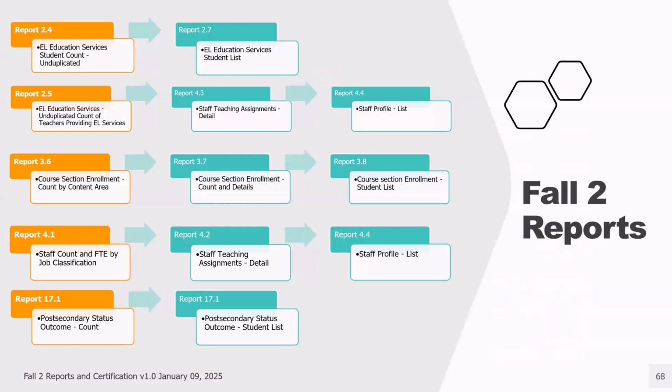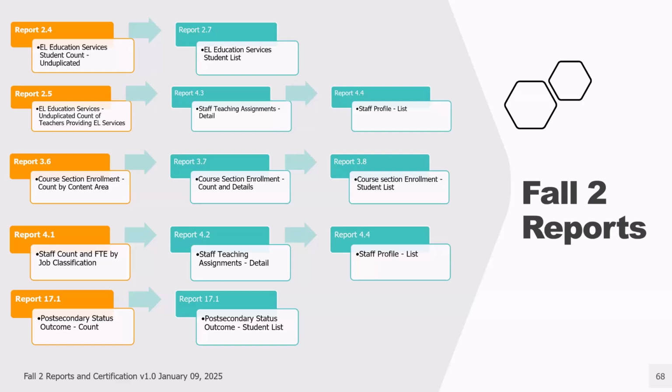And so this graphic is meant to show you the relationships of the reports. All the yellowish orange colored reports are your aggregate reports. These are the reports that have the counts that you will be certifying. They are the product of Fall 2. And then the supporting reports, which are not required to view by functionality in CalPADS, right?